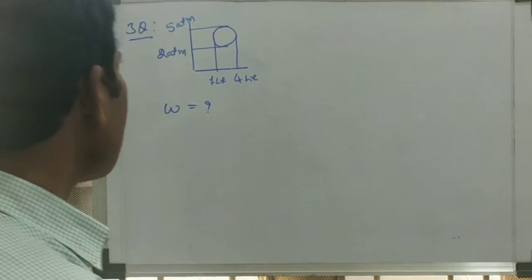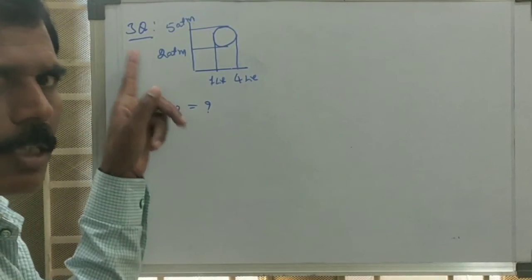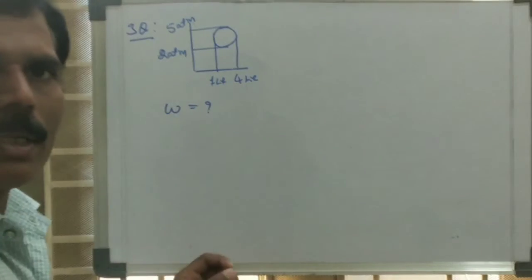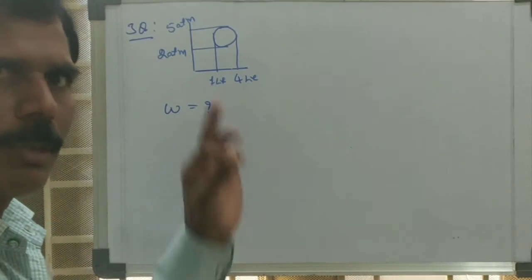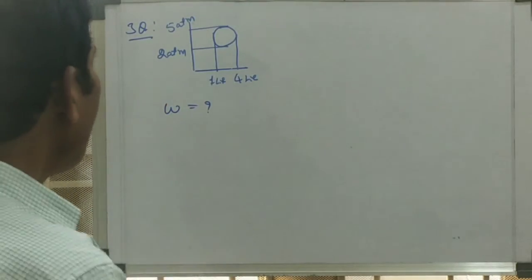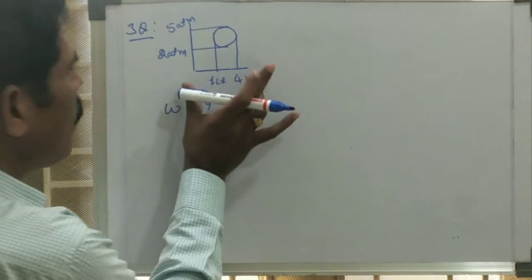Dear students, let us see question number 3. Just now we have completed question number 2 and 1 also. Question numbers are not allotted, so you have to write question number 1 and question number 2. Now under question number 3, they have given a graph like this.